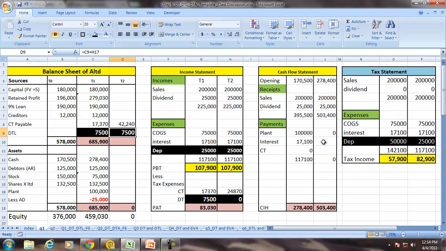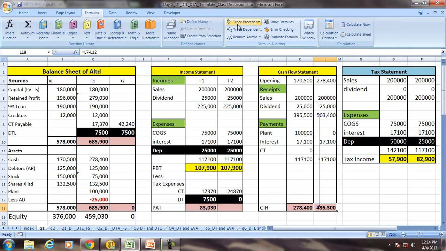So cash in hand in this case, except the interest being paid, is 486,300. So cash in hand will appear on the balance sheet now, and the PAT will be transferred to the retained profit. Entire PAT will be transferred to the retained profit.